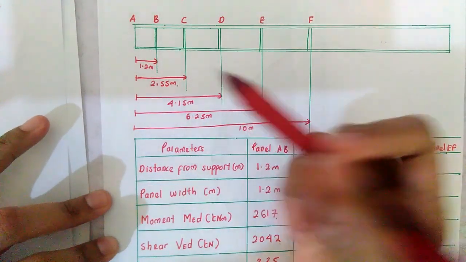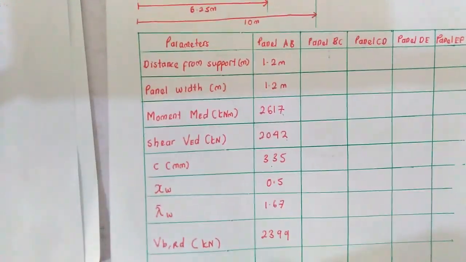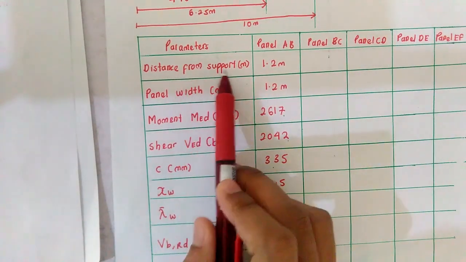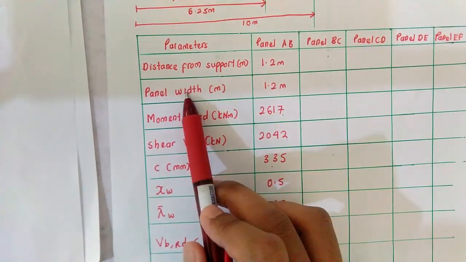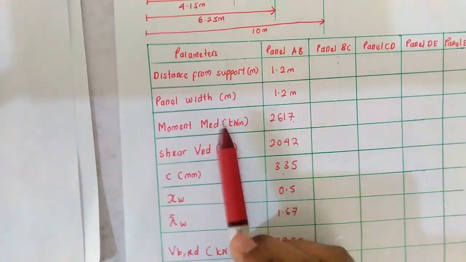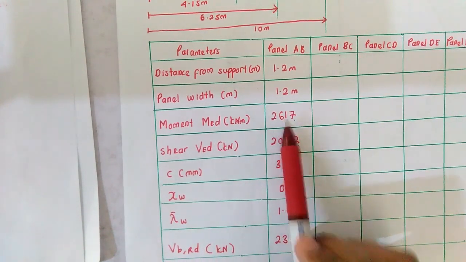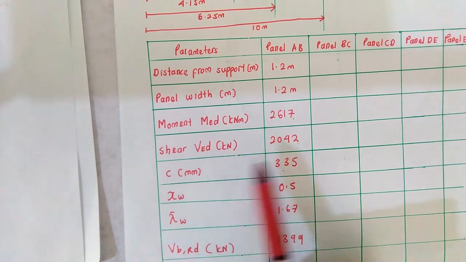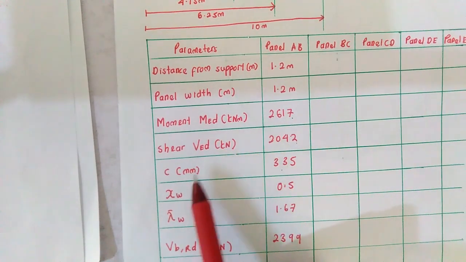Now, as I showed you earlier, you need to come up with this table. In this table, we have summarized that the distance from support for panel AB is 1.2 meter, and the panel width is 1.2 meter. The moment, MED, is 2617, and the shear, VED, is 2042 kilonewton.